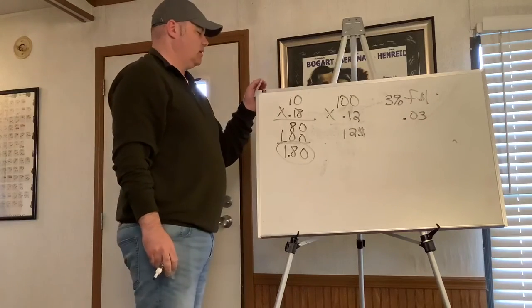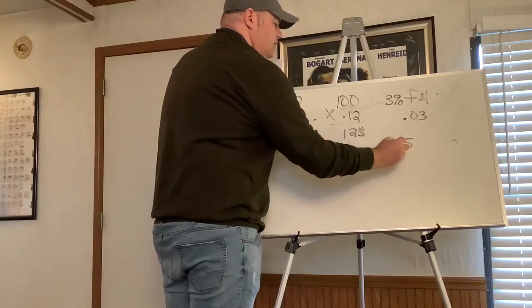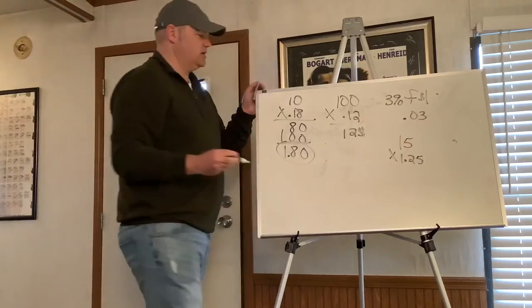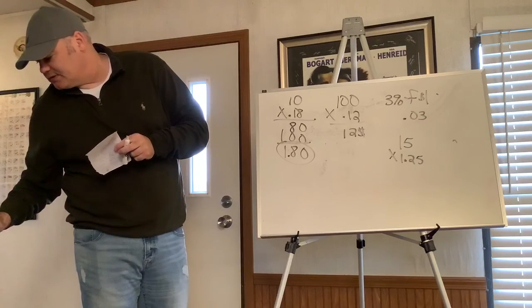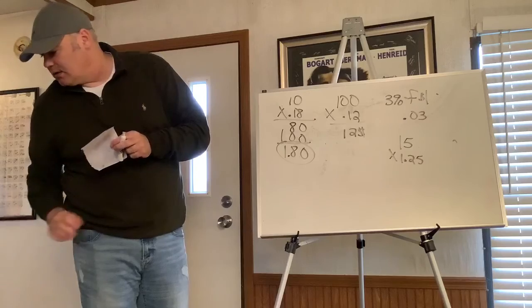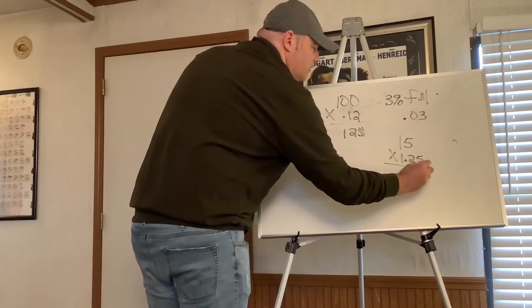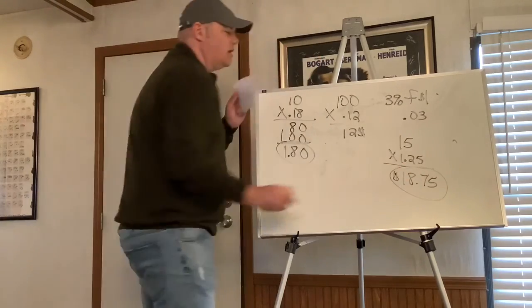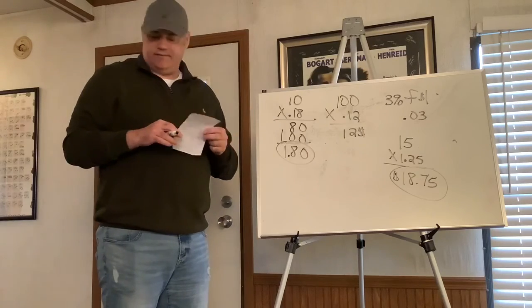And then 125% of $15. So you're going to multiply 15 times 1.25. I think it's 18.75. $18.75 is 125% of 15.